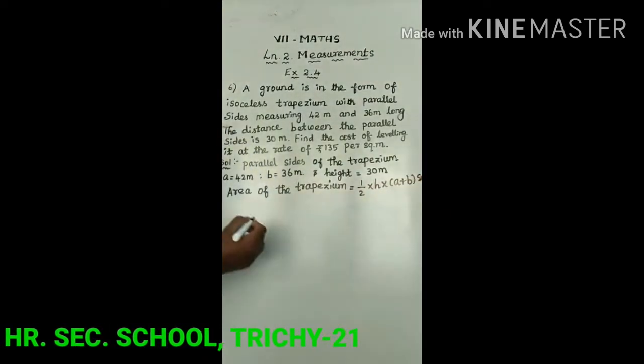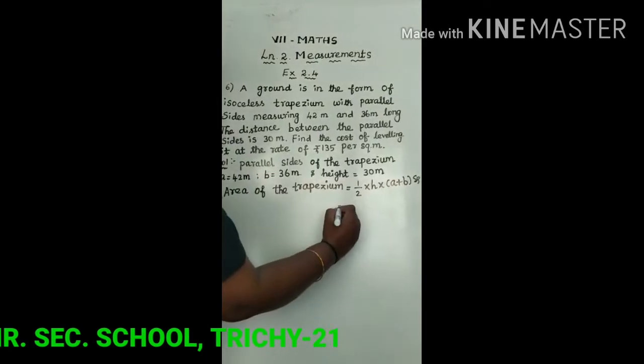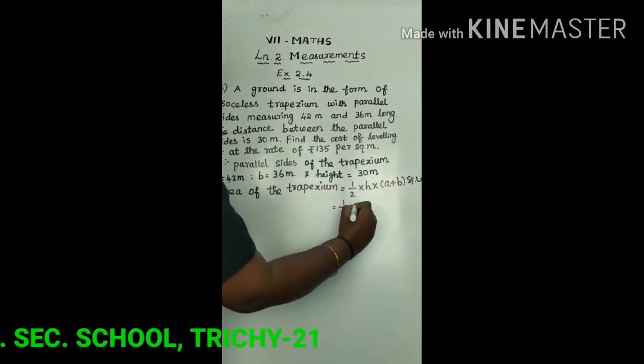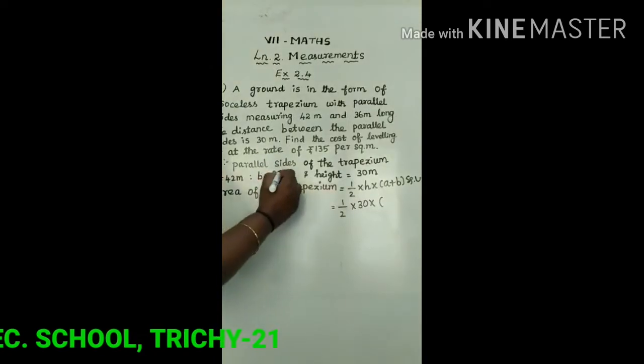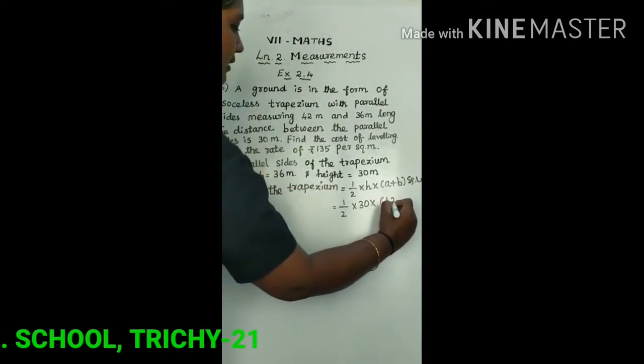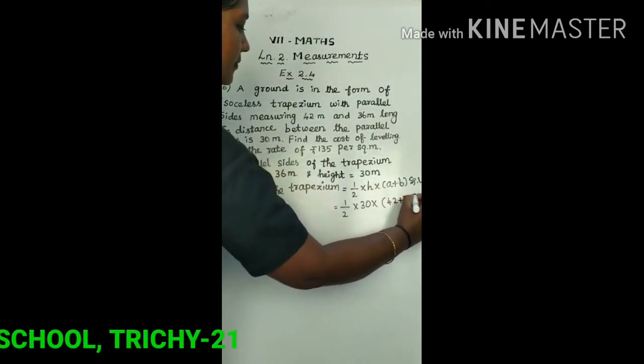Here height is 30 meter, multiplied with the two parallel sides, 42 plus 36 meter.